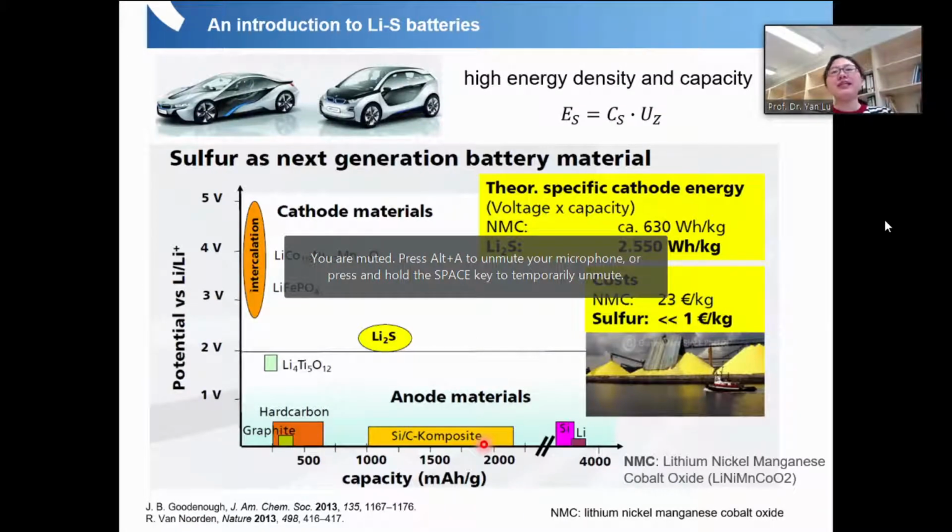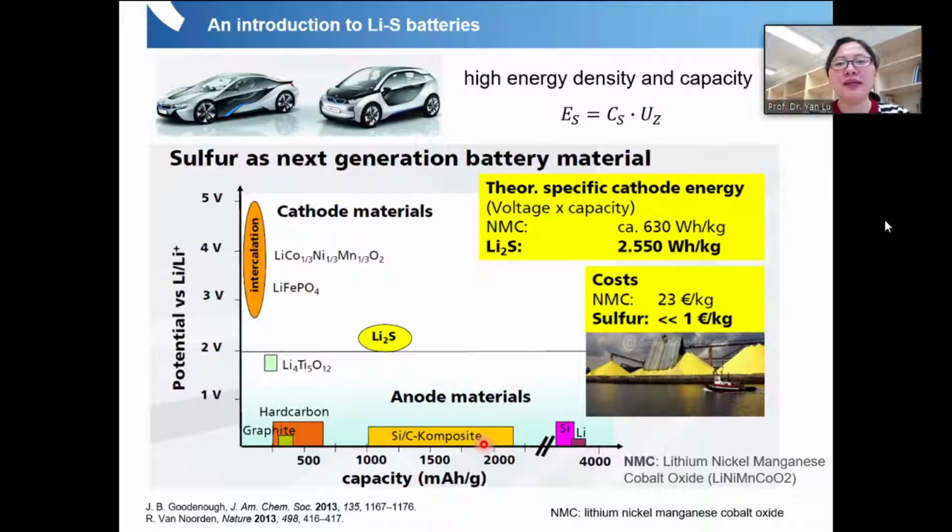As we already discussed last Tuesday, energy density and capacity are two very important factors when we consider the future possible application of the battery systems. And here, E is the energy density and C is the capacity. When we look into this plot here, this is for intercalation.